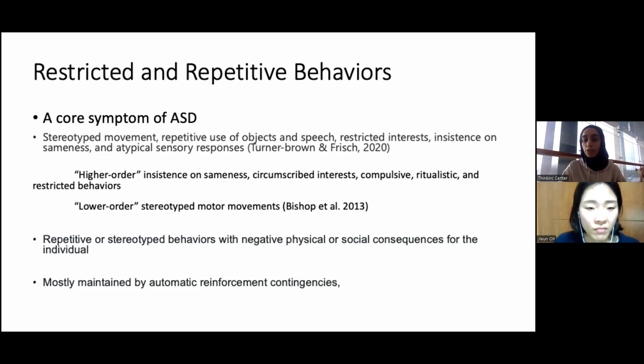The research also divides restricted and repetitive behaviors into 2 categories. One is higher order, like the insistence on sameness, so repeating the same thing or wearing the same clothes, having very specific interests, having compulsiveness, kind of similar to what we typically would refer to as OCD, like obsessive compulsiveness, and being very ritualistic and having restricted behaviors.